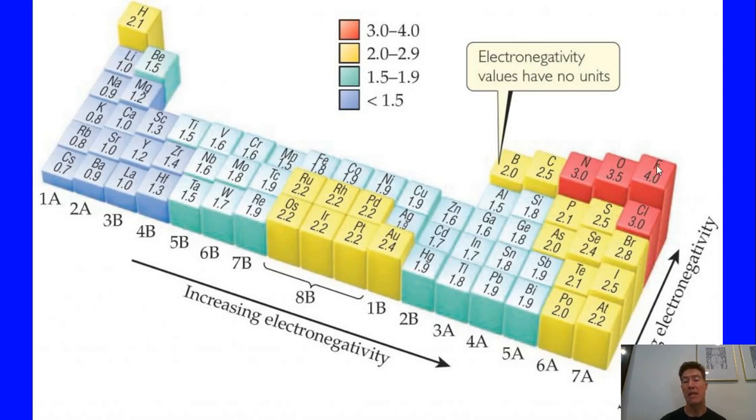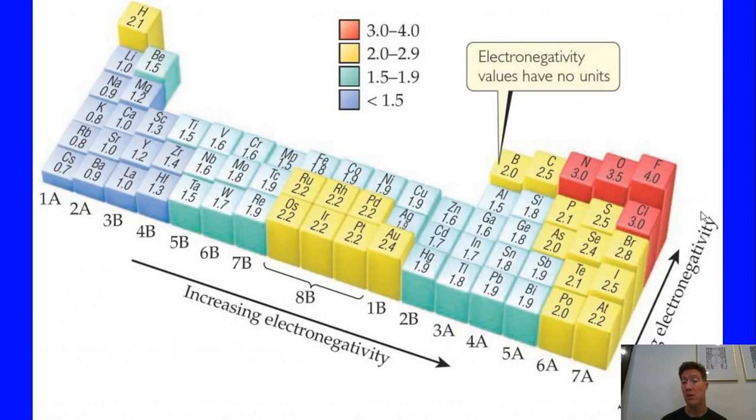So fluorine is the most electronegative element, and cesium on this chart is the least electronegative. So this goes from 0.7, tendency to pull electrons to itself, to a 4. So you can see, just like ionization energy, the trend goes from cesium to fluorine.